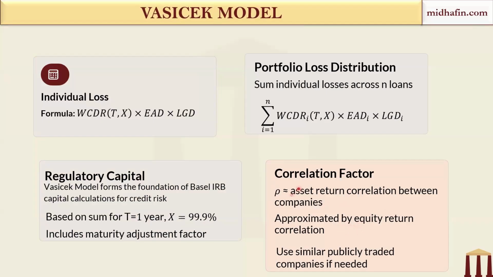Since rho is hard to observe directly, it is approximated using the average equity correlation. And if data is not available, they may even proxy using similar publicly traded firms. So the Vasicek model moves from individual exposures to portfolio aggregation to Basel regulatory capital, with correlation acting as the glue that connects the defaults across different firms.